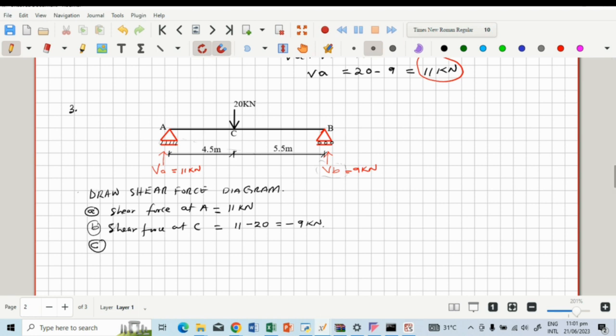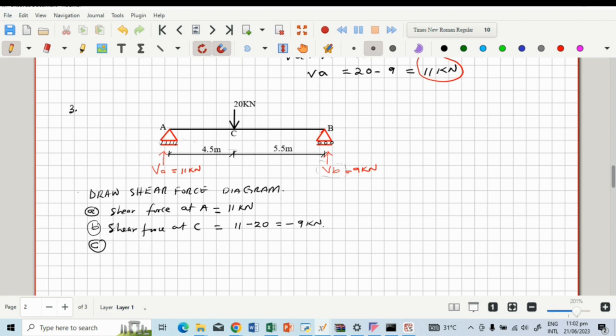Now, from the right of point C, or the point load at C, we don't have any load till we get to the roller support, and at that side we have a vertical reaction with magnitude 9 kilonewton.